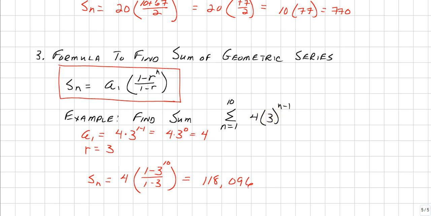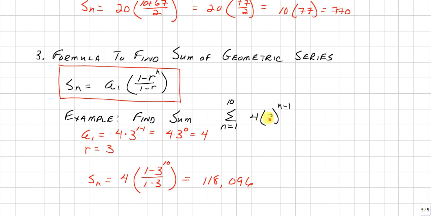Okay, so the first thing, let's find a1, because we're going to need that for this formula. Well, that would be plugging 1 into n. 4 times 3 to the 1 minus 1. That would be 4 times 3 to the 0, which is equal to 4. So my first term, a1, is 4.